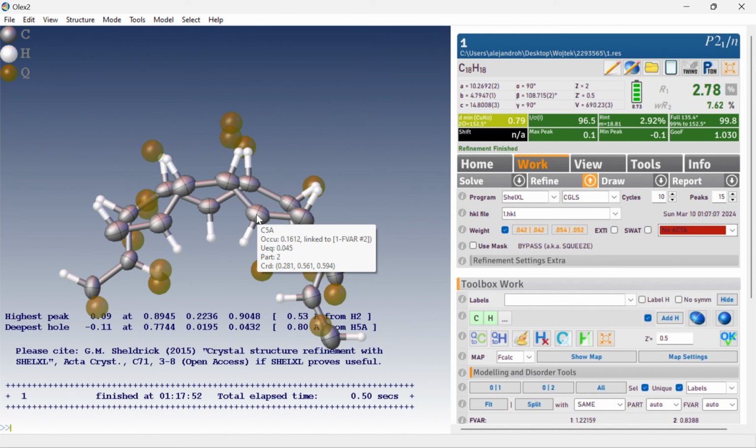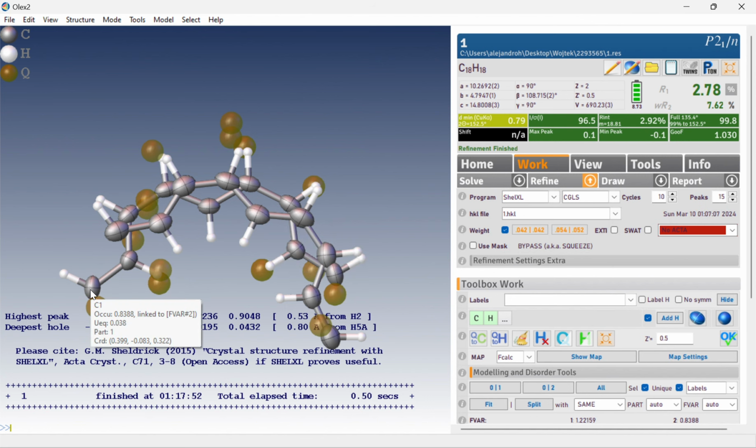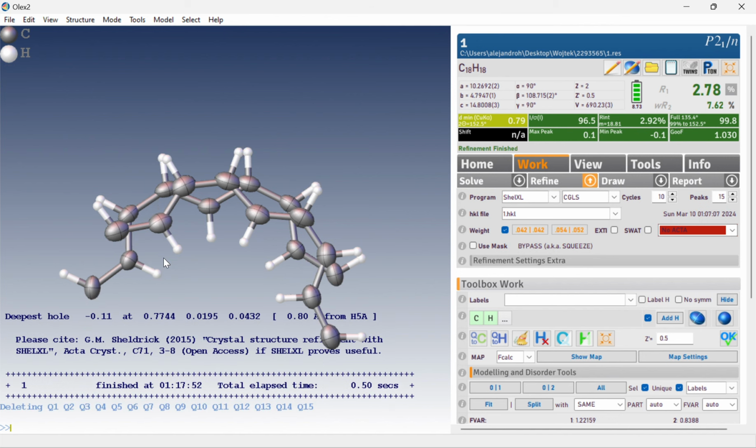So basically fitting too many parameters to not enough real data. We're basically fitting to the noise. So one could say that the minor disorder component could be refined. I'll just kill the cupics. Could be refined isotropically only.